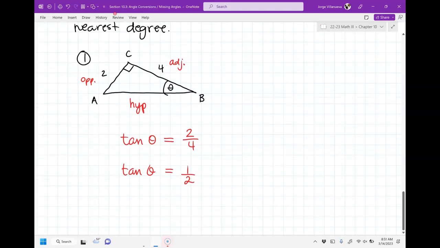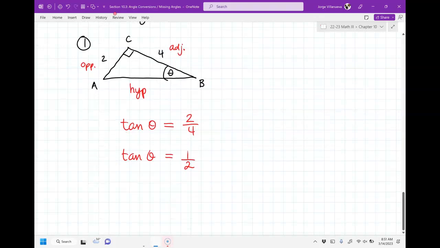All right, so let's find the angle. So this is what you're going to do. To solve for the angle theta, I want theta to be by itself. I'm going to take the tangent, I'm going to throw it to the other side. When you do that, it looks like this. It becomes its inverse when you throw it over.